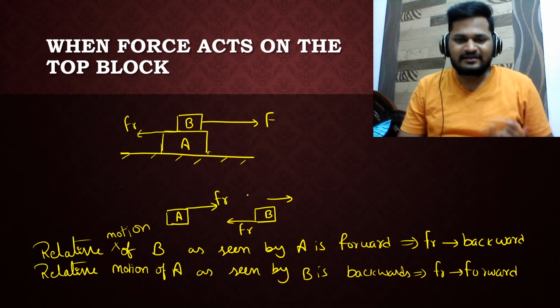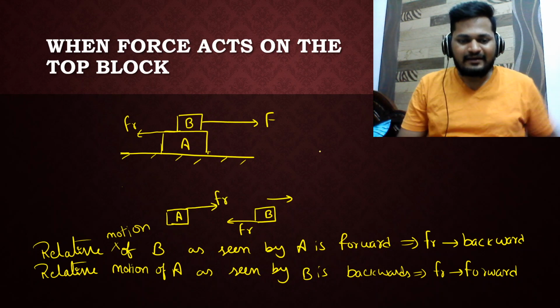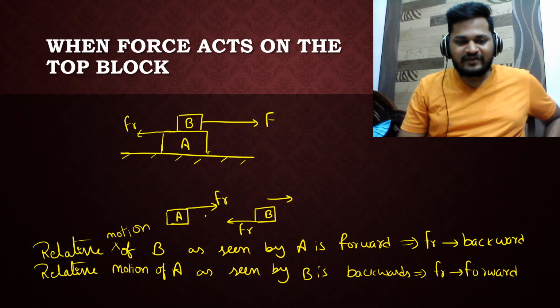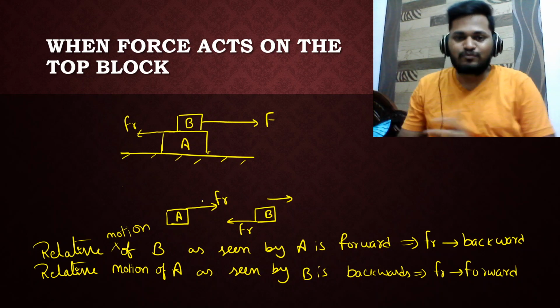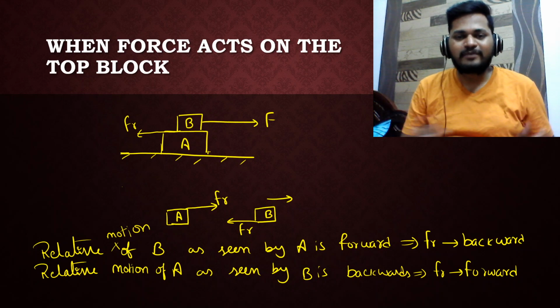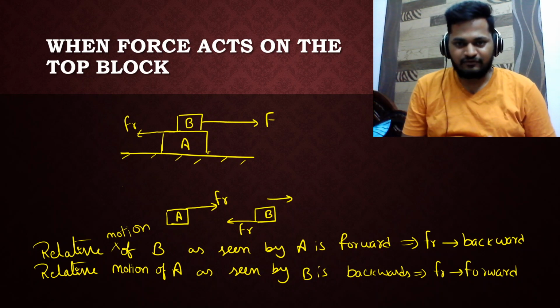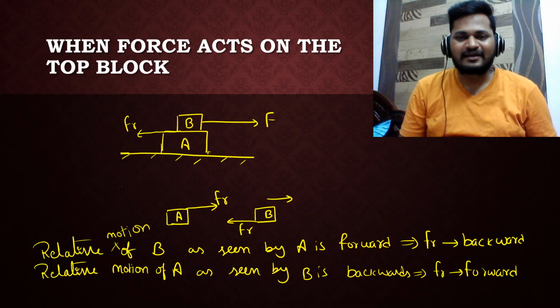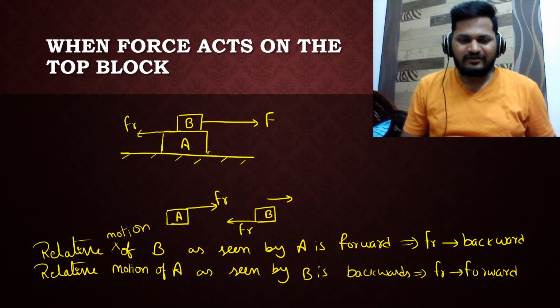So action reaction pair satisfied, and you can see this also as friction is acting on A. Because of friction, A is moving forward. B is moving forward because you are exerting an external force. But A will move forward because there is some friction acting on it in that direction. So if you see here, for A, friction is supporting motion, and for B, friction is opposing motion.